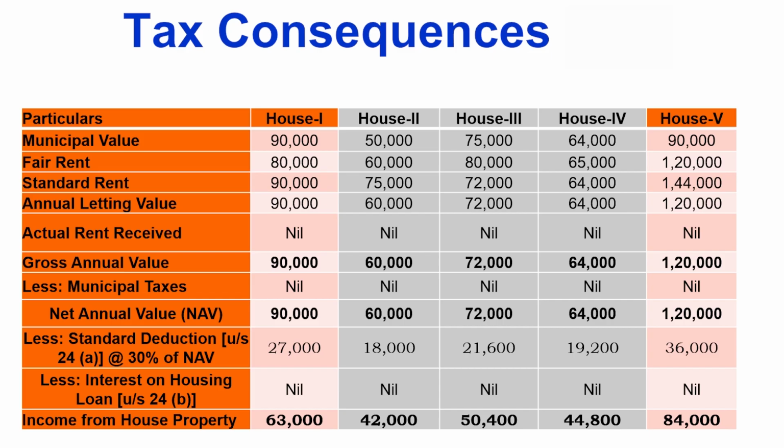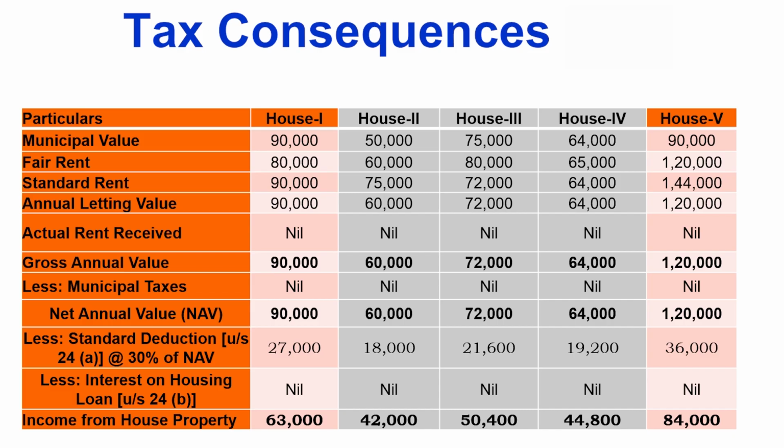Thus, annual letting value becomes for house 1 90,000. The rule is higher of municipal value and fair rent subject to standard rent. It is 90,000. For house 2 60,000, house 3 72,000, house 4 64,000, house 5 1 lakh 20,000. Actual rent receipt for all the houses is nil.